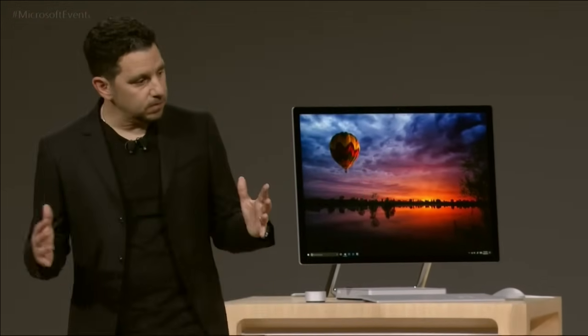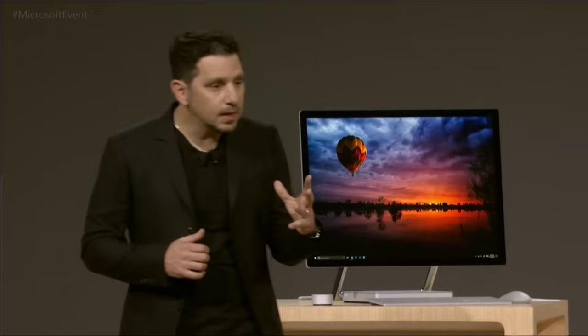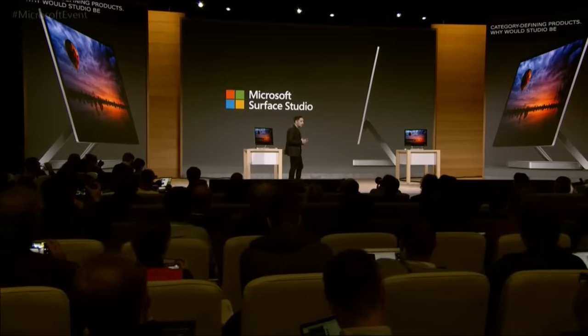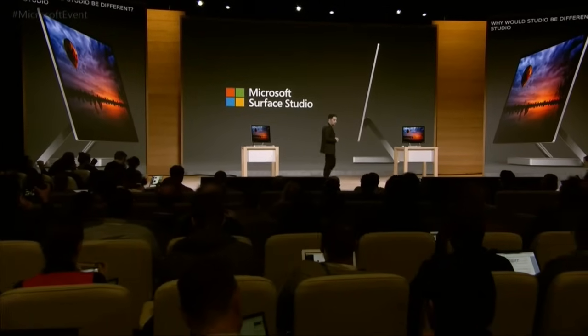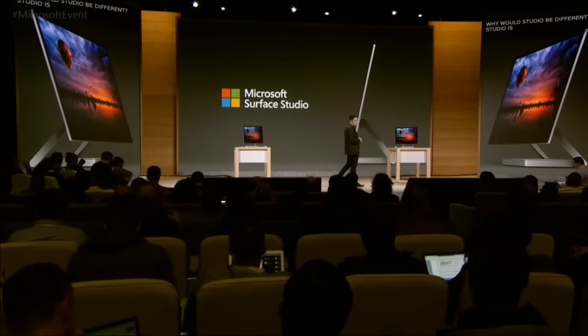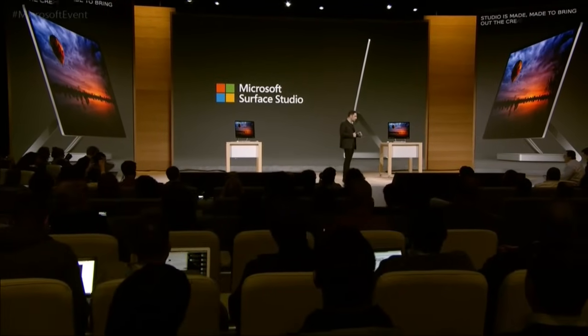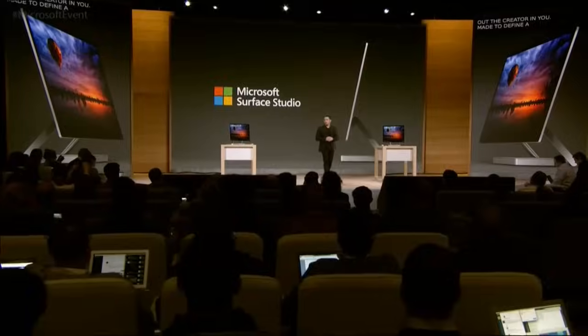Why would Studio be different? Studio is made to bring out the creative, made to define a new category. It's not just another beautiful PC. It is a product that was made to help get you to your most creative point. You. It doesn't matter how you create.